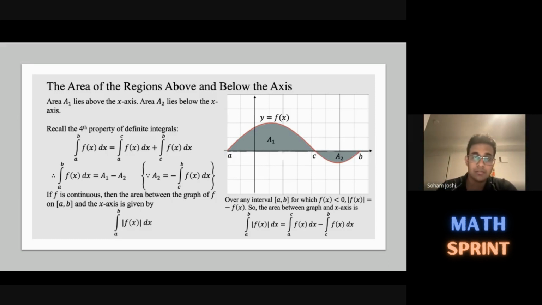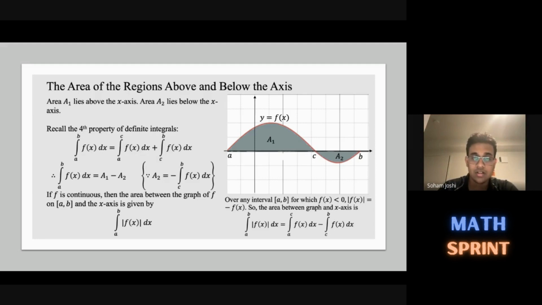So now here's the problem. Part of the red curve lies below the x-axis. This means that the definite integral of f of x with respect to x with a lower limit of c and an upper limit of b by itself will have a negative value. Let's suppose we tried to find the total area of both the gray regions by using the definite integral of f of x with respect to x with a lower limit of a and an upper limit of b, which I showed you on the top left.